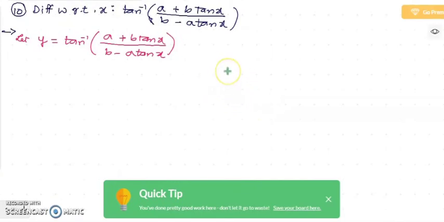And then see this new example. Differentiate with respect to x, tan inverse of (a plus b tan x) upon (b minus a tan x). Here we have to take it as y first. That's the initial step that we normally do.